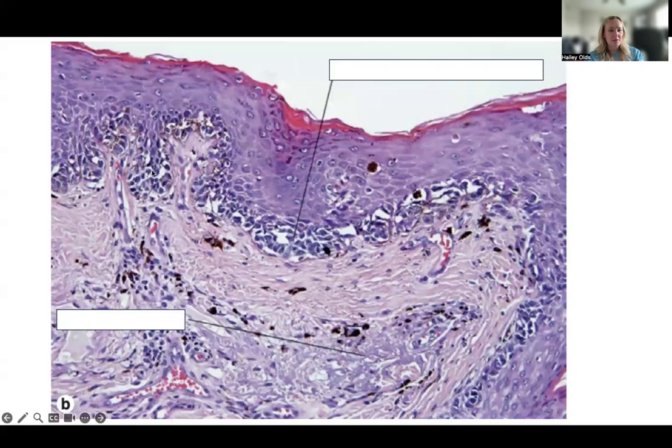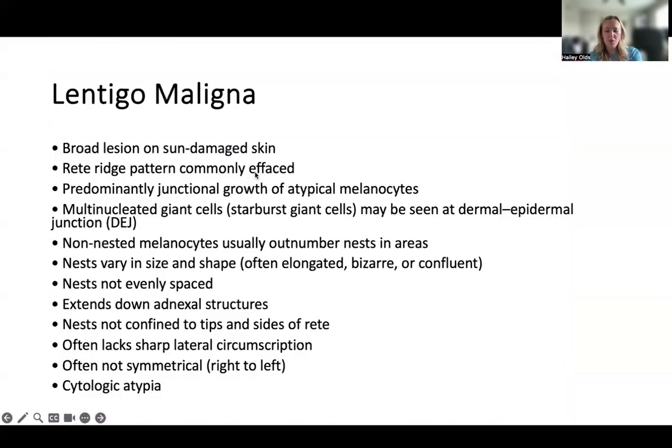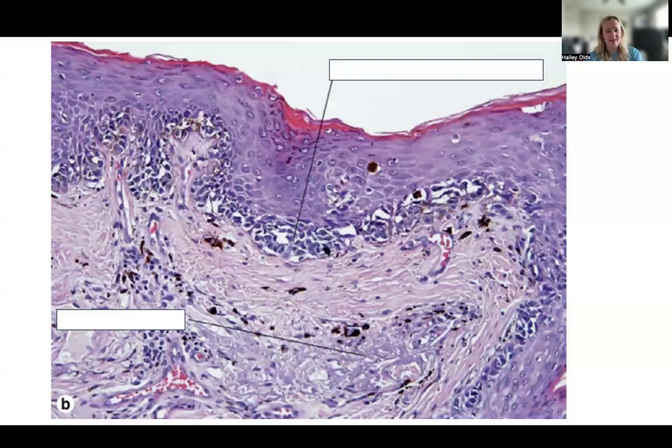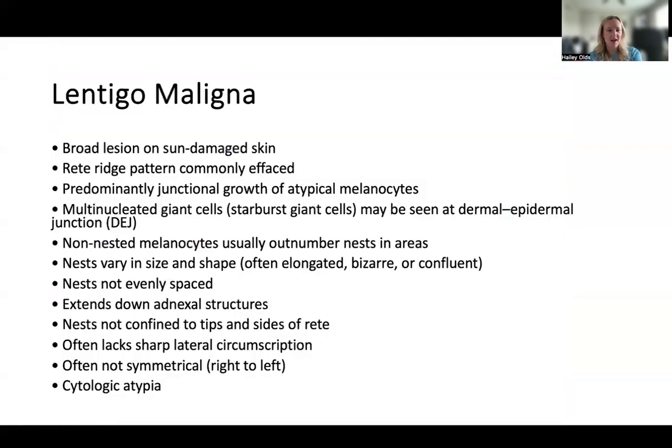Okay. This one, you can see that the melanocytes are all coalescing here at the DEJ. And then you have a lot of solar elastosis. So this one is lentigo maligna, which I kind of think of as like a lentigo, but there's a ton of melanocytes that are all just coalescing at the DEJ.